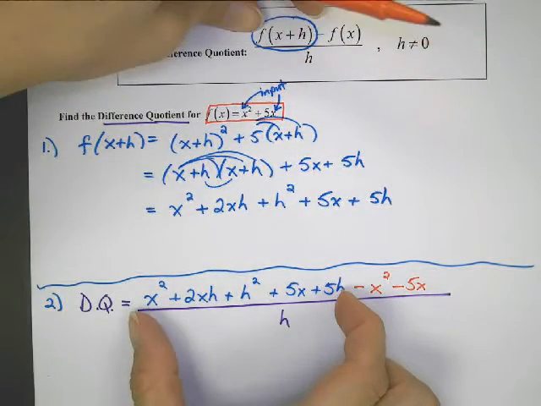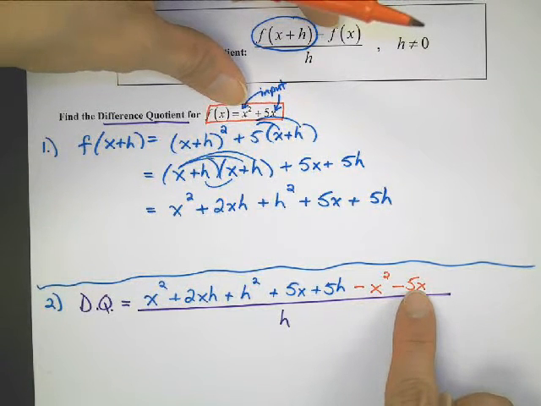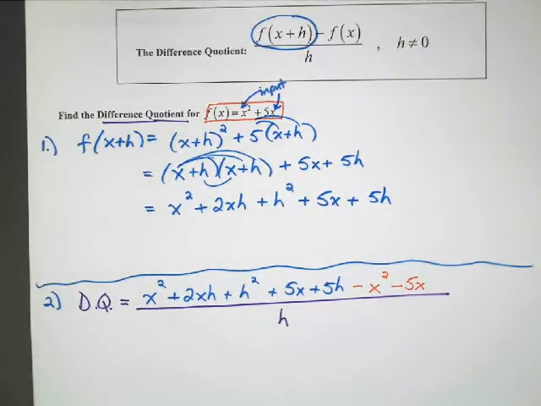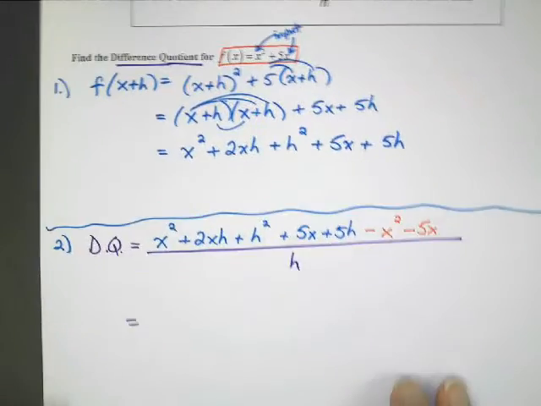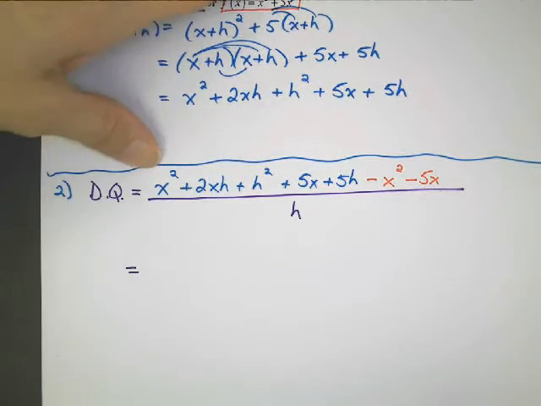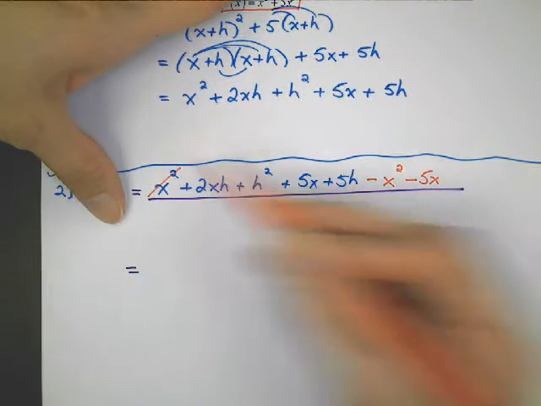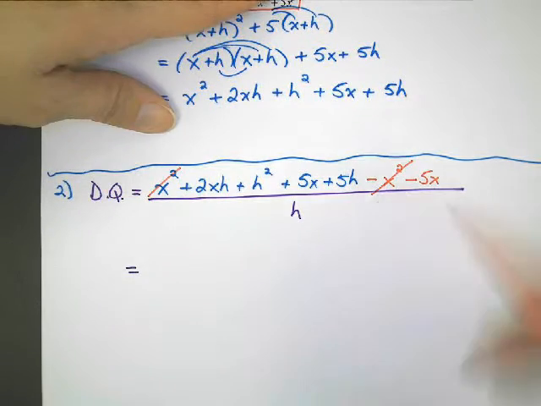That's the f of x plus h quantity, then I subtracted all the terms of f of x, and put it over h. Let's make sure we use equal signs, because this line is going to become something else. You must put equal signs between your steps. At this point, you can tell if you're doing it right if stuff starts to cancel. x squared minus x squared cancel.